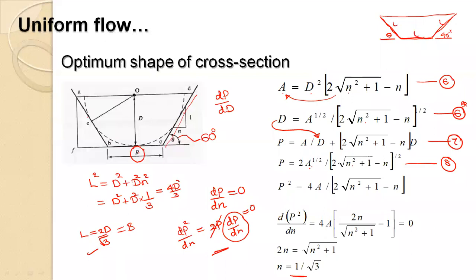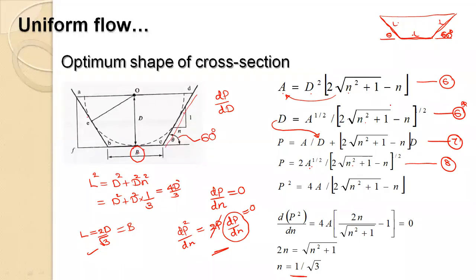Half of a hexagon is when these are also equal to each other, and then this angle becomes 60. So here in this case we have proved that these lengths are the same and the angle is also 60 degrees. So the optimum shape of the cross section, if it is a trapezoidal one, will be half of a hexagon.